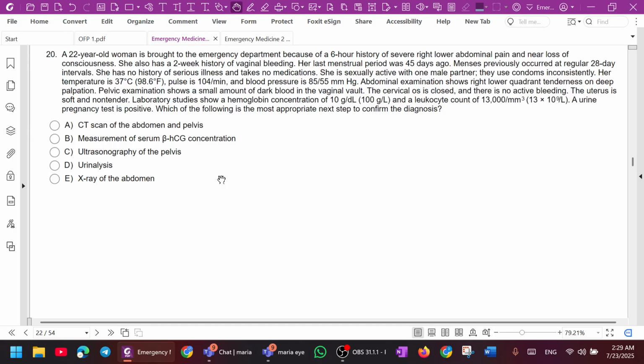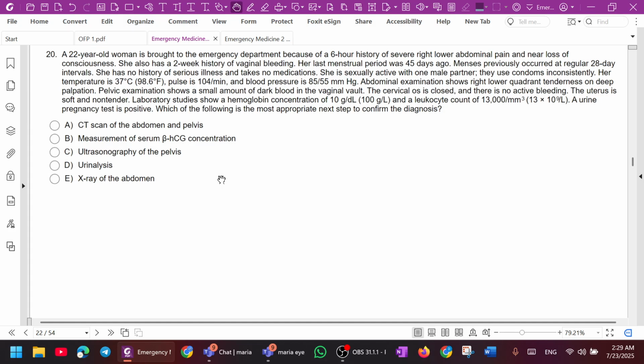Menses previously occurred at regular 28-day intervals. She has no history of serious illness and takes no medication. She is sexually active with one male partner. They use condoms inconsistently. Her temperature is 37, pulse 104 per minute, blood pressure 85 by 55.